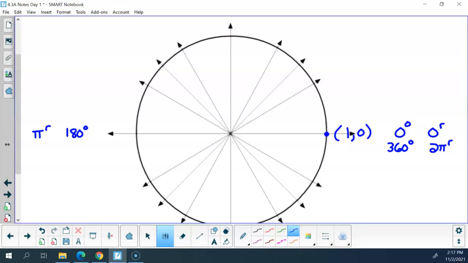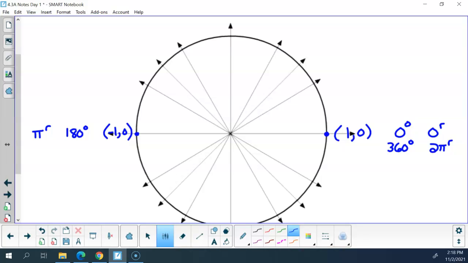What are the coordinates? Straight to the left. No? Just -1? -1, 0. Two of 16.